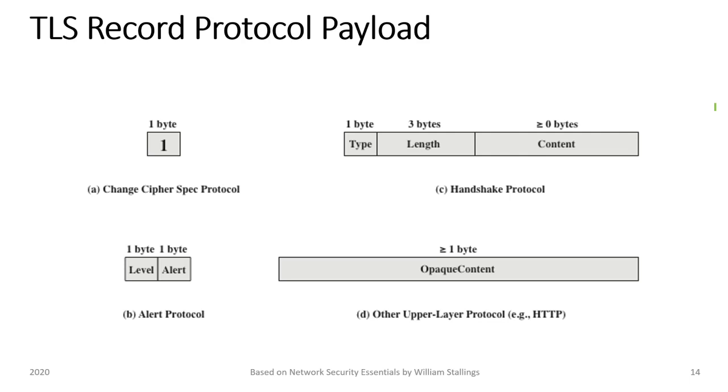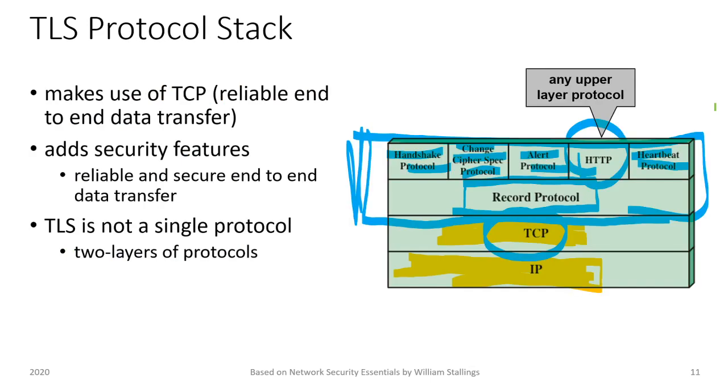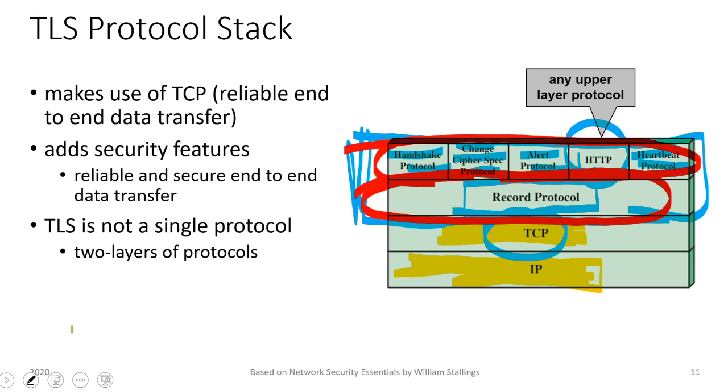We can have the change cipher spec protocol, the alert protocol, the handshake protocol, and any other upper protocols. Again, if you go back to the protocol stack, the record protocol will be at the bottom, and on top of that, we can have these other protocols.